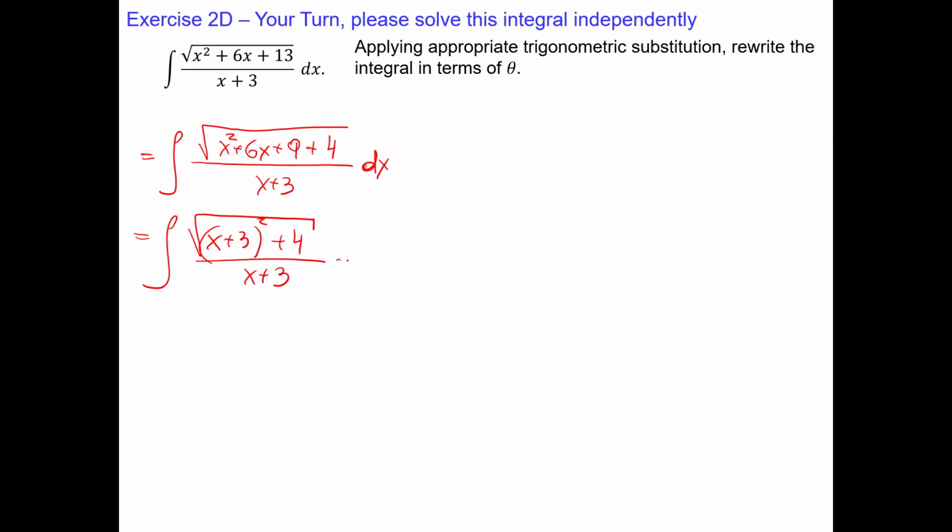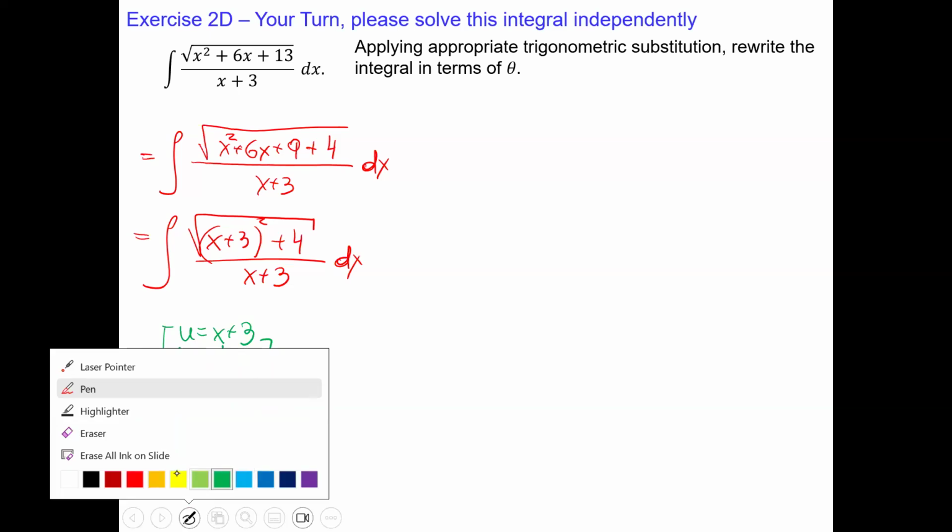Now when we do the u substitution, u equals x plus 3, just the linear, du is dx. We have no problem. The integral looks like the square root of u squared plus 4 over u, du is dx.